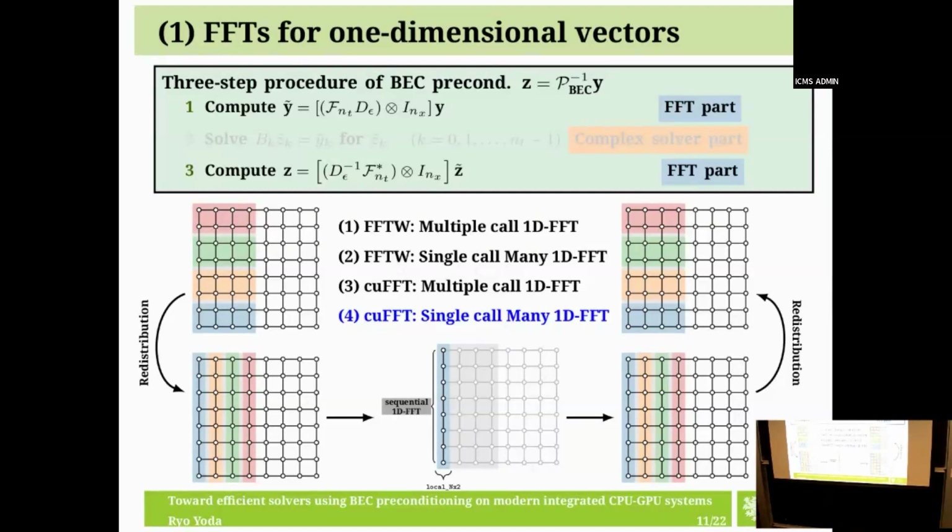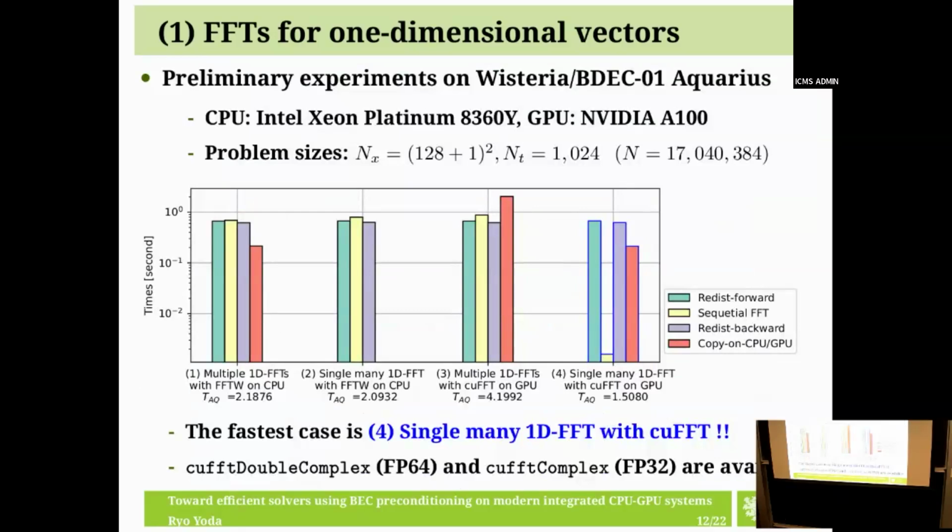In order to select which method is good, a preliminary experiment shows some results on Wisteria BDEC-01, where each node has Intel CPUs and A100 GPUs.